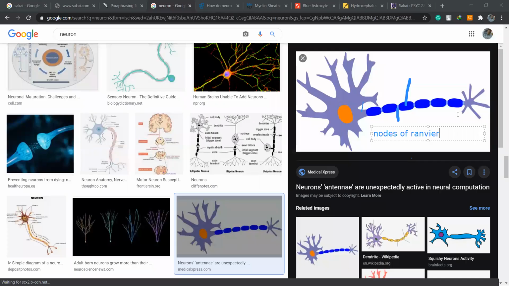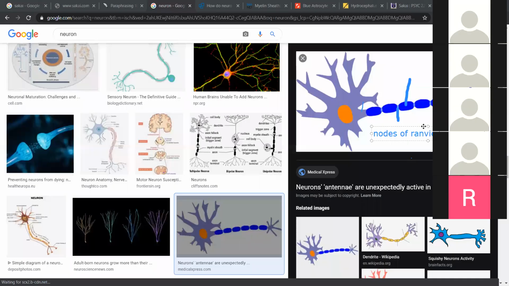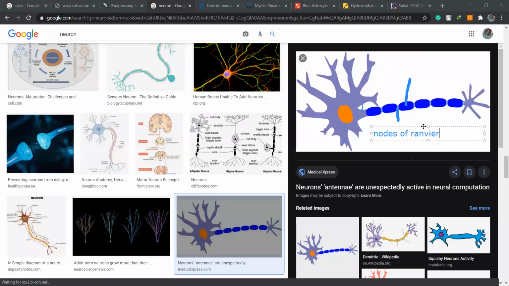But where a myelin sheath surrounds that part of the axon, in most situations action potential takes place within the node of Ranvier, the part which doesn't have any myelin sheath surrounding it. That's where action potential starts.